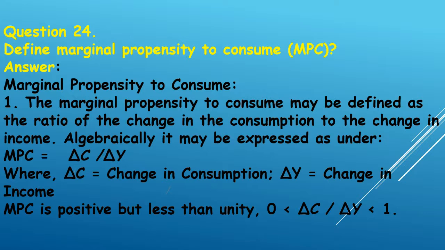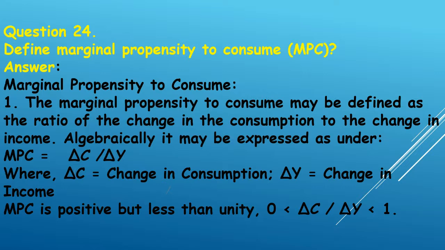Marginal propensity to consume may be defined as the ratio of change in consumption to the change in income. That is, change in consumption by change in income, which is explained as marginal propensity to consume.